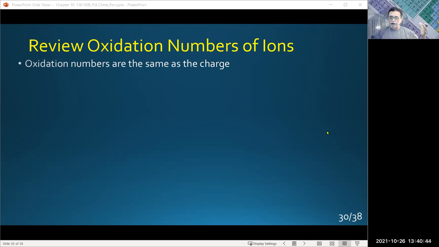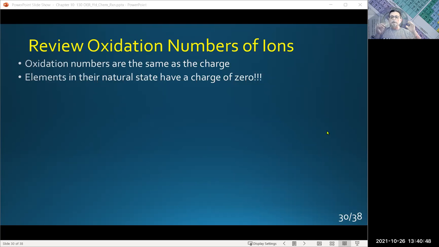Oxidation numbers of ions are the same as the charge. I talked about that. We know that elements in their natural state have an oxidation number of 0. I also stated that we use the term oxidation state or oxidation number because that encompasses both ionic and covalent compounds.